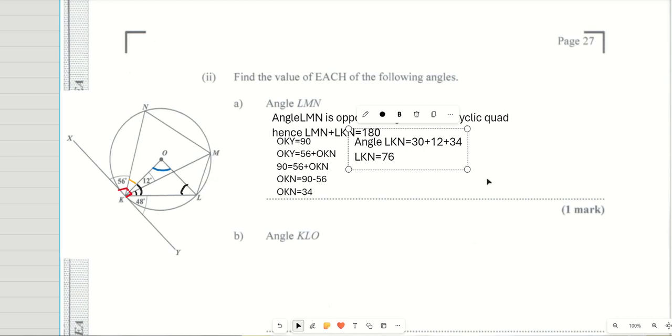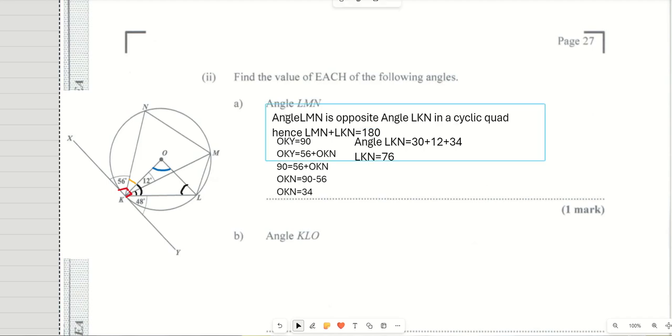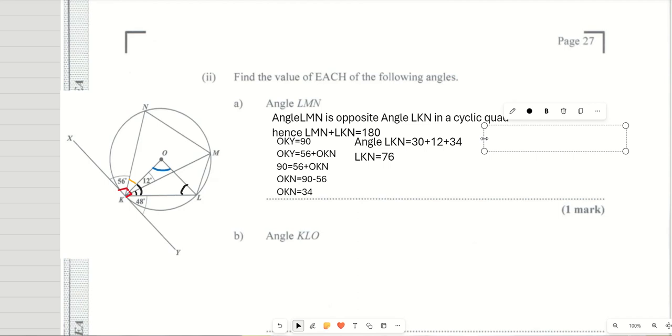Right, again, remember this first thing here. If we found out angle LKN, we can simply say that LKN plus the angle in question, LMN, is equal to 180.